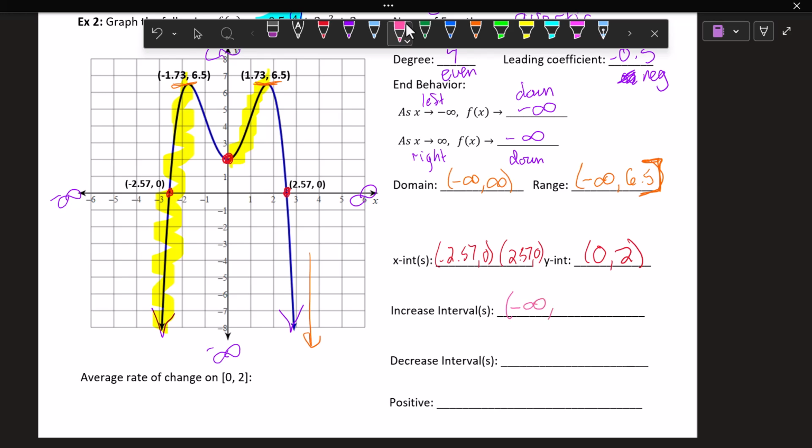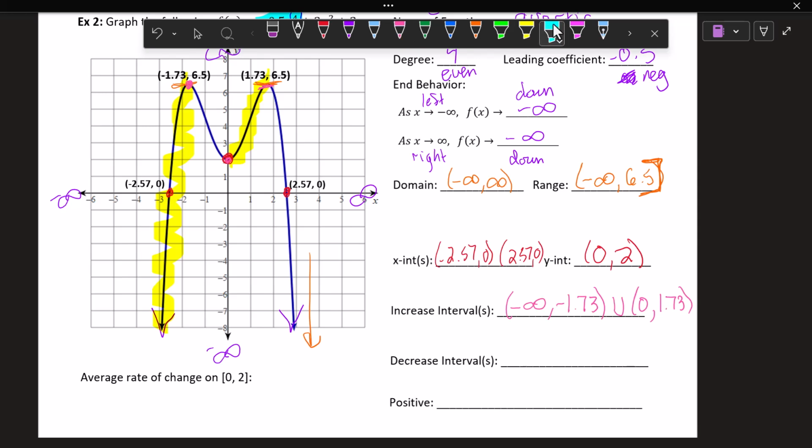And it goes all the way up until the peak here, and that's negative 1.73. Union, we have the other part here. It starts at x equals 0. So we want the x value. And it goes up to the second peak, 1.73. Again, we want the x value.